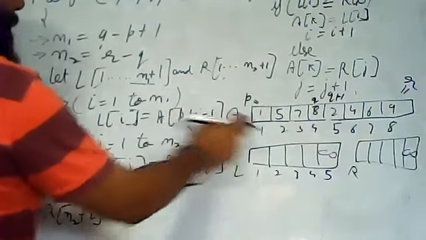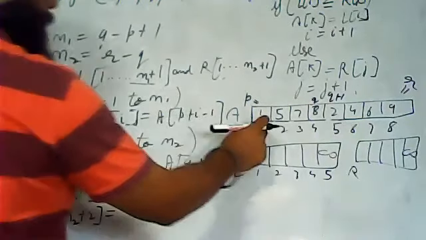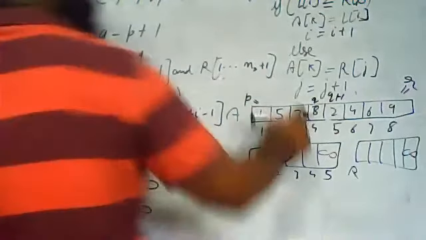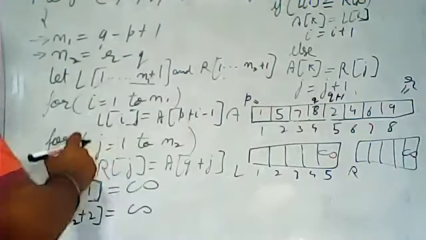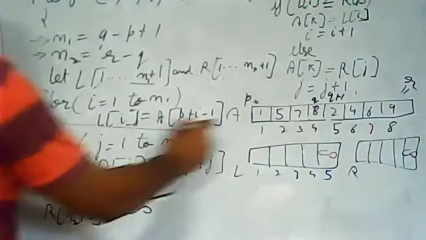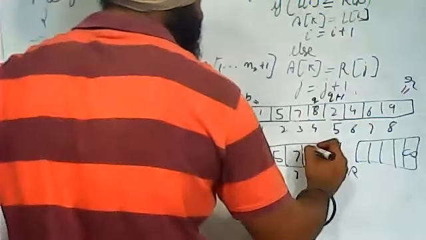That is, if P is 1 and I is 1, that will be 2, 2 minus 1 is 1. So the first element will get copied here, then the second element, then the third element, then the fourth element. So we are copying into the left subarray.